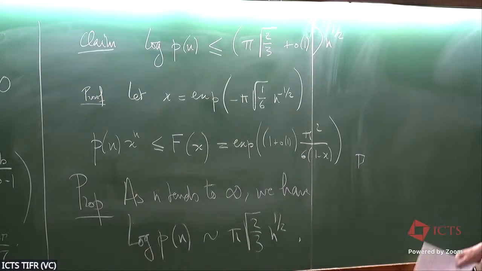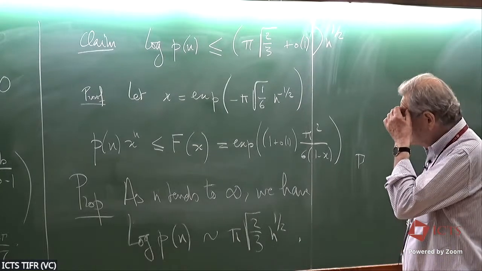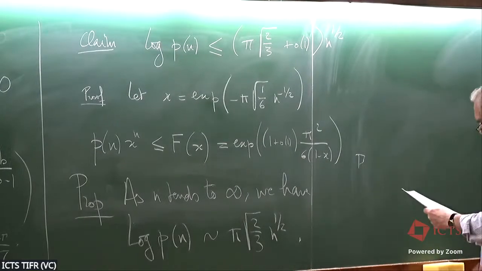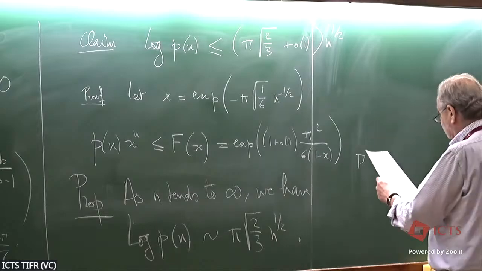And for the lower bound, one way to do this is to use some recurrence relation.